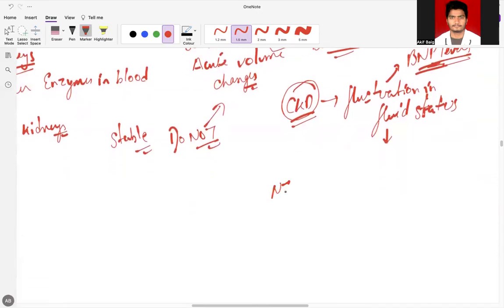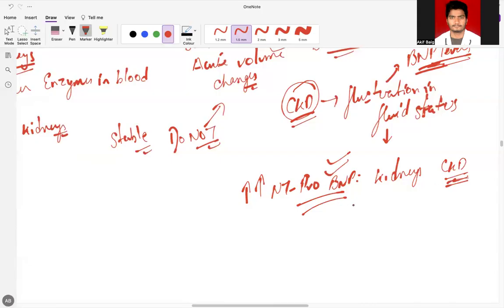However, the limitation of NT-proBNP is that since it is basically eliminated by the kidneys, in patients with CKD NT-proBNP levels will be definitely high. When compared to BNP, NT-proBNP levels will be high in CKD patients.